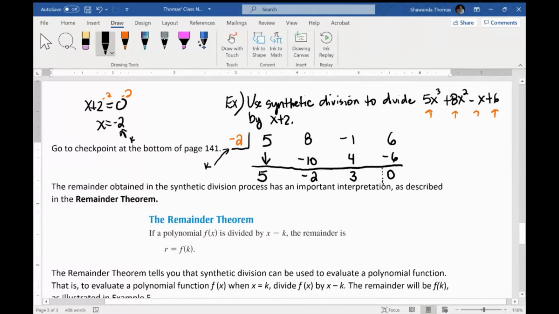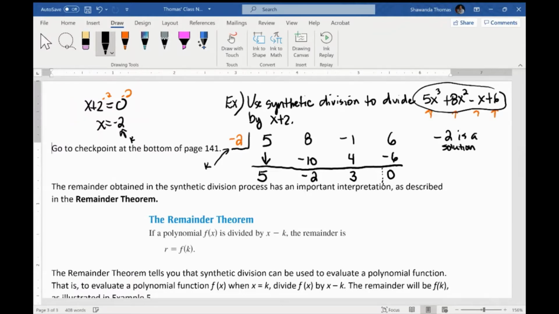So we did just divide. Now, when we have a remainder of 0, that tells me a lot of things. One, it tells me that -2 is a solution of this. It also tells me that -2, 0 is a point.